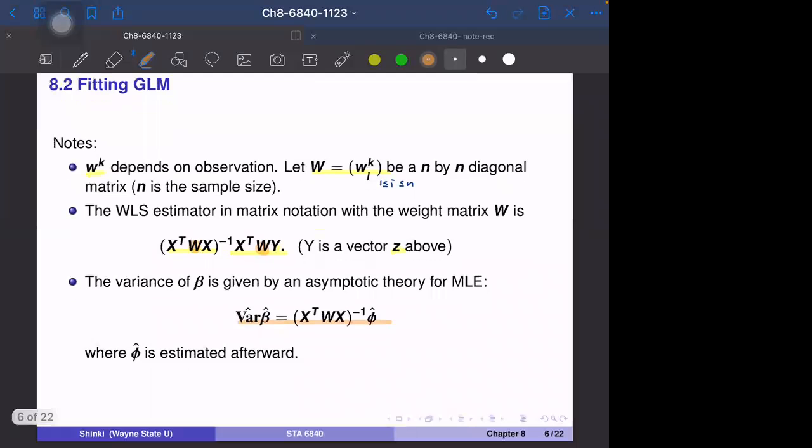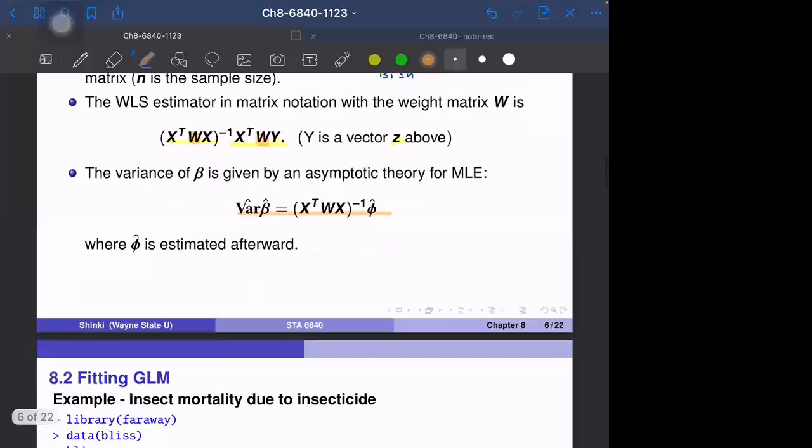In the usual linear regression, phi is equal to sigma squared. The sigma squared is estimated after we get all the parameter estimates, from the sum of squared residuals. So phi is just estimated at the last step.